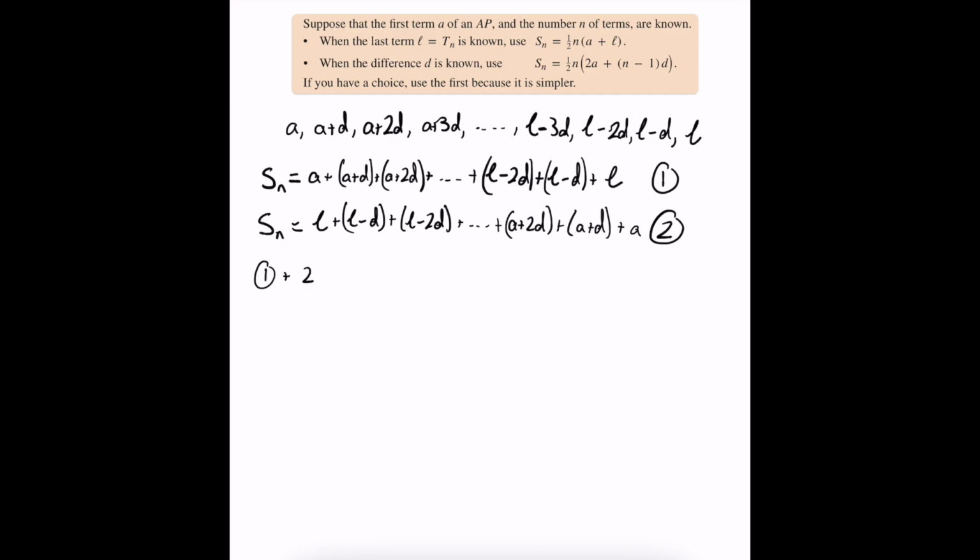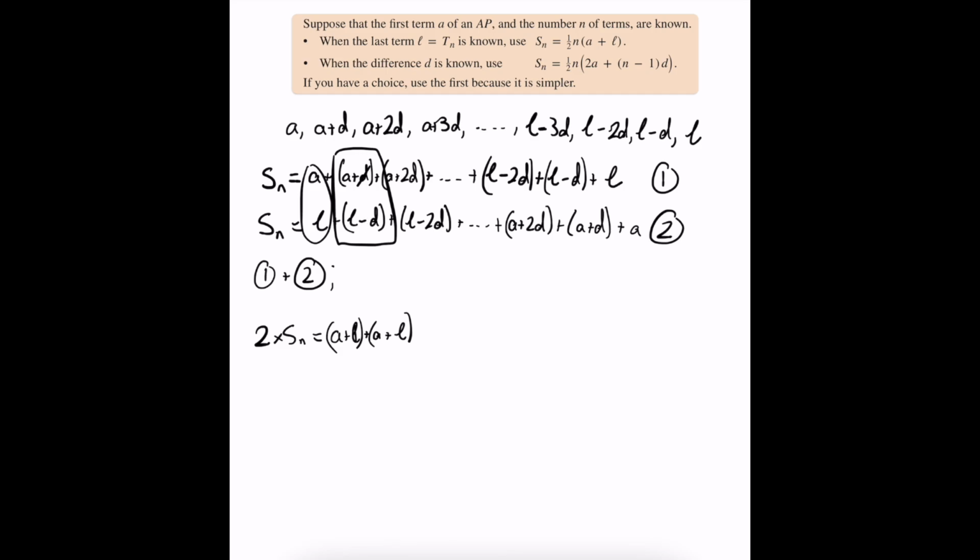Now, if we were to add these two equations, on the left-hand side, we're adding 2 Sn's, so we will have 2 times Sn. And when we add 1 plus 2, what we can see is that here we will have A plus L. Over here, we will also have A plus L. And that is because we have the A, we have the L, and then the D's sort of cancel out.